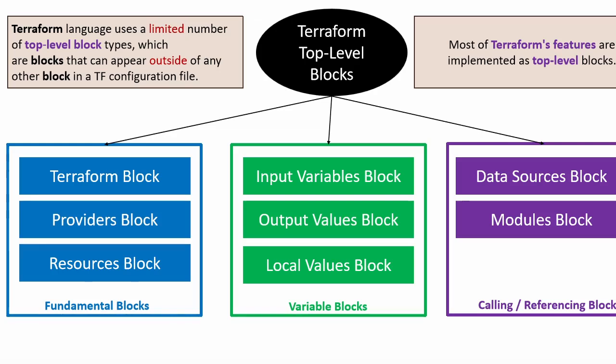We discussed the resource block in our last video, and there was also a provider block and a Terraform block where we provided the Terraform version. Like this, there are also the input variable block, output value block, local value block, data source block, and module block. These all blocks are mandatory.